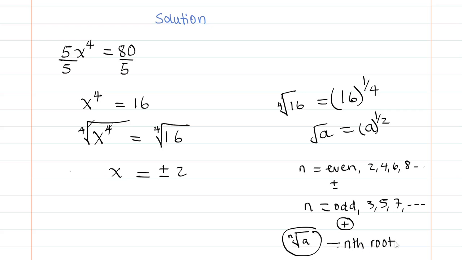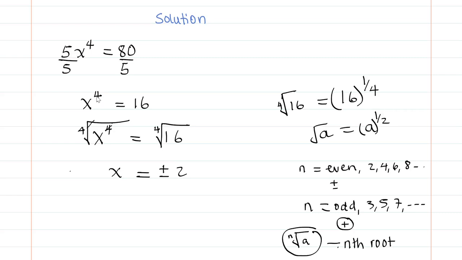So this is the answer. I know most people will just take the fourth root of 16 and they get 2. But remember, 4 is an even number. So if it is an even number, you put plus or minus. If this power was 6, you still would put plus or minus, and then we get the sixth root of 16.